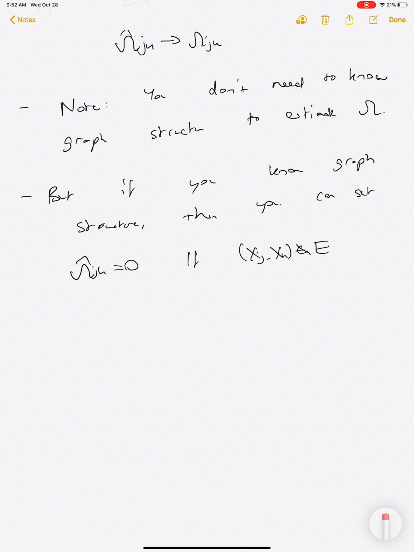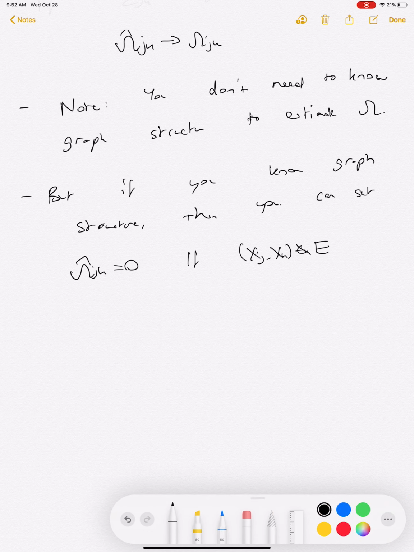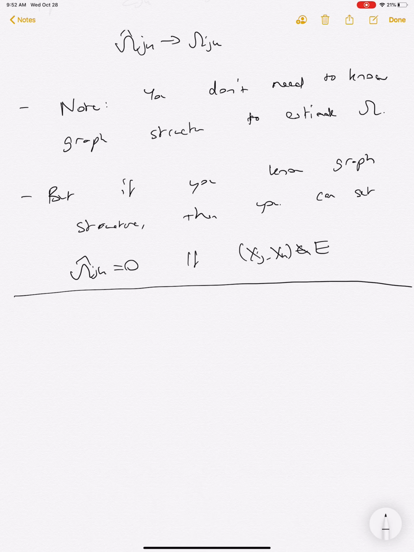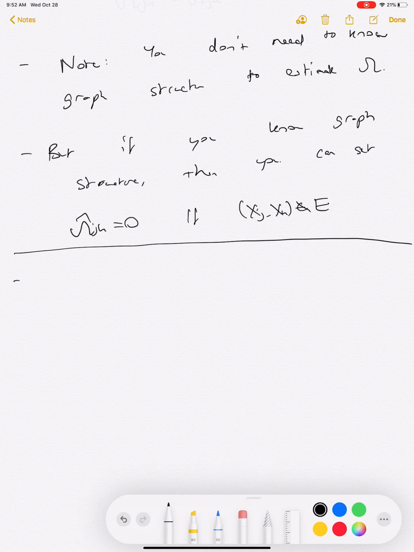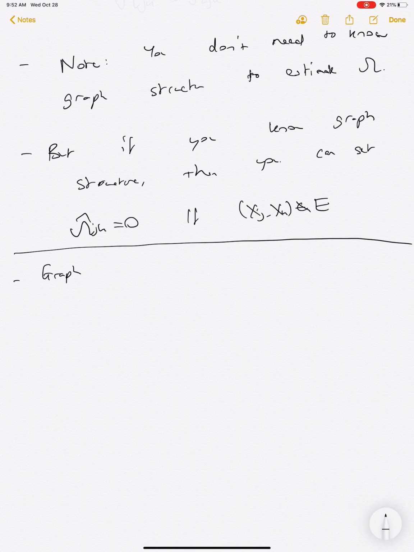So the next question is the more challenging but probably more practically useful question. It's graph structure estimation. So what if the graph G, with vertices V and edges E, is unknown?